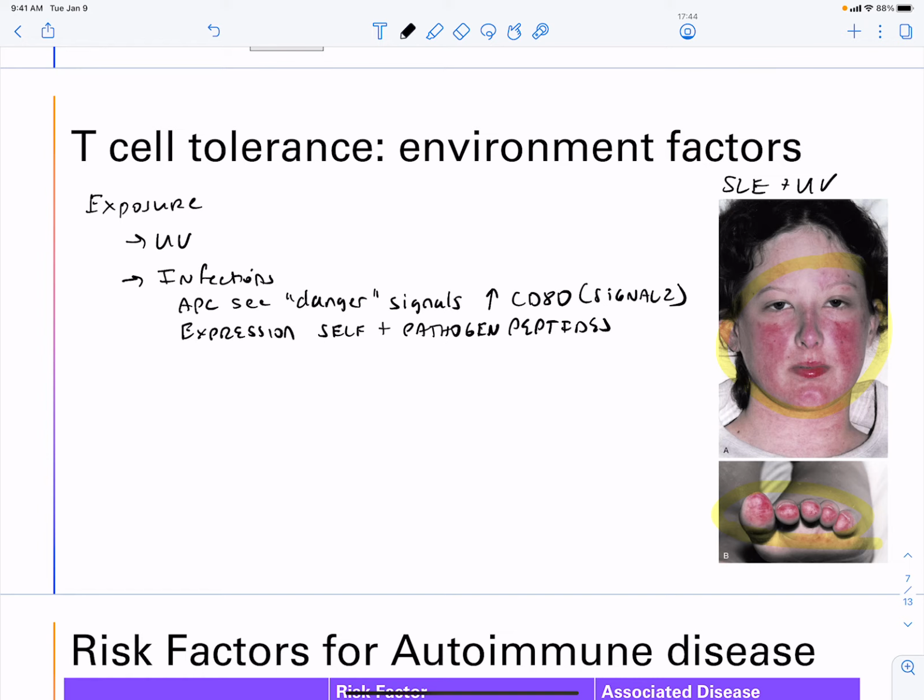And so during an infection, there is a possibility that you might have a self-reactive T cell that sees a self-antigen, and because there's an infection, they also get signal 2. So therefore, this is 1, we'll put 2, is you have cross-reaction.